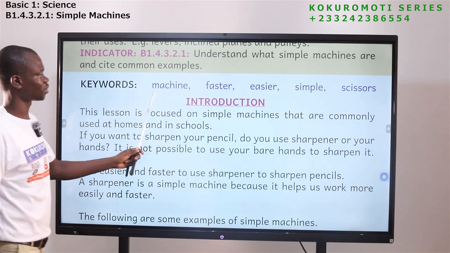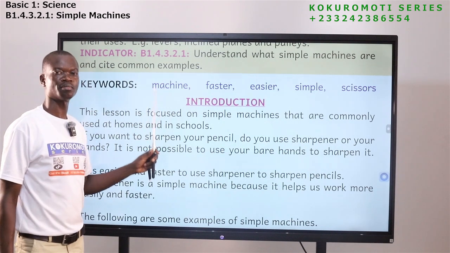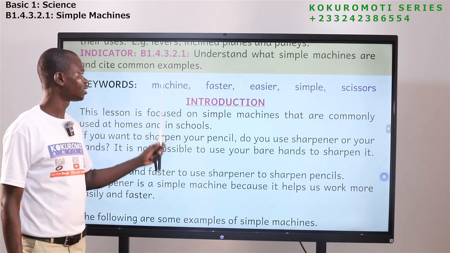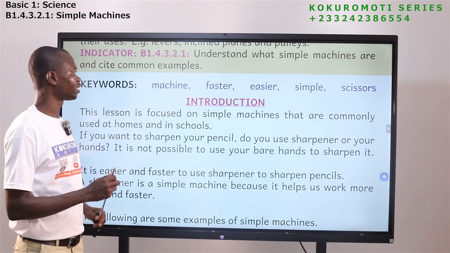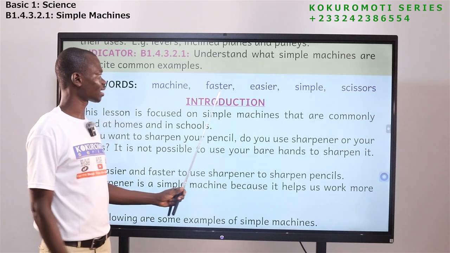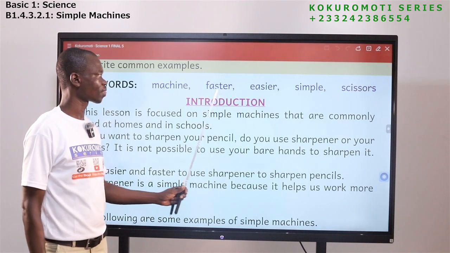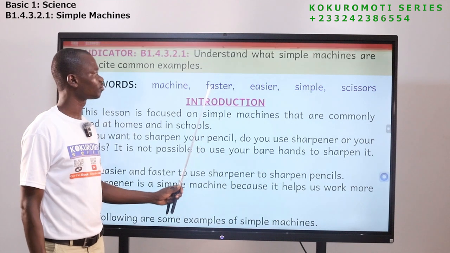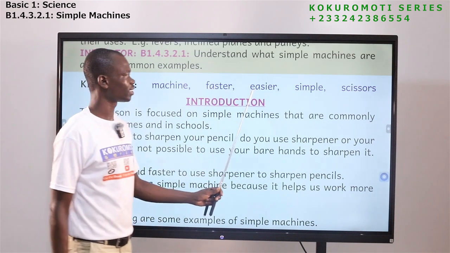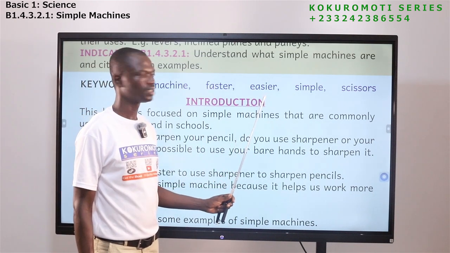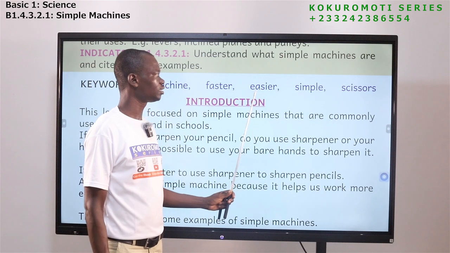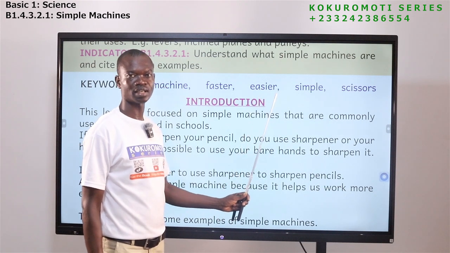The first word is machine. Then the next word is faster. The next word is easier.